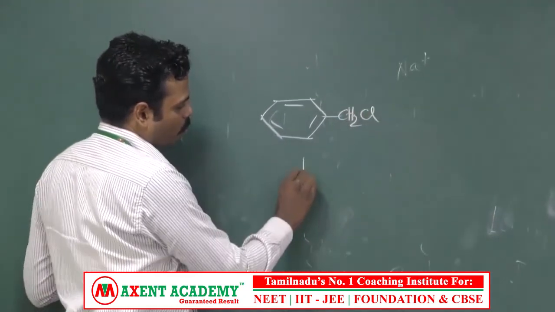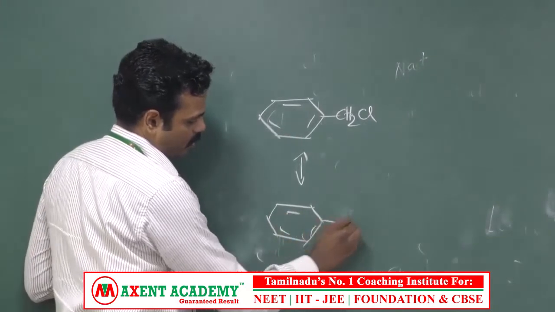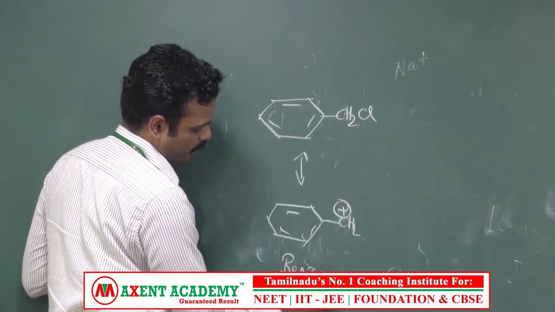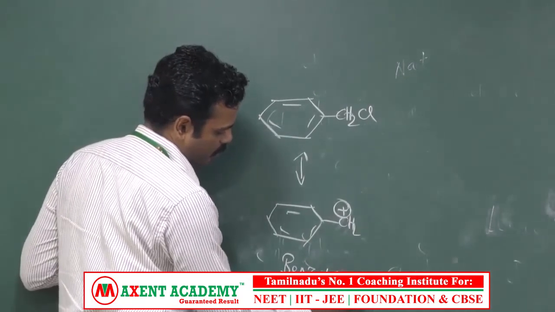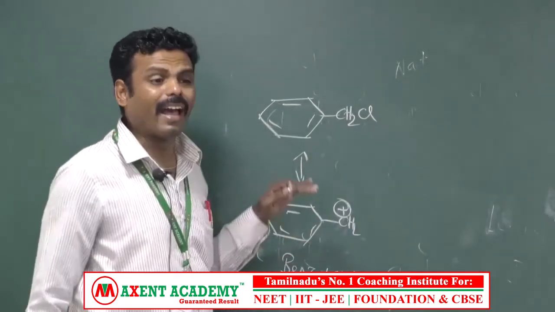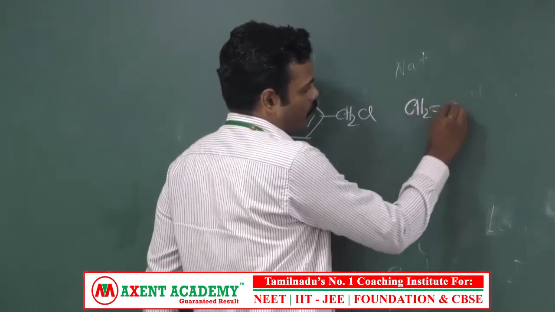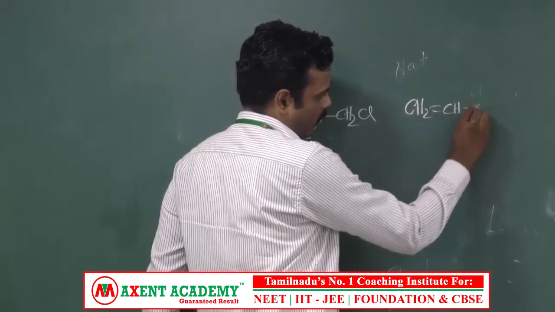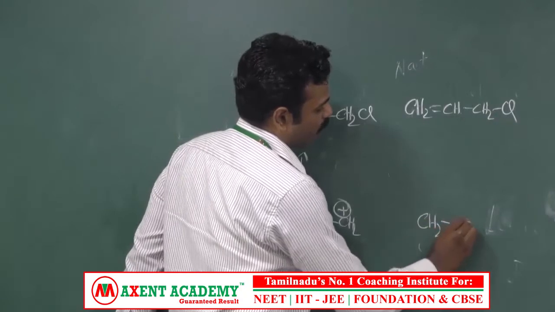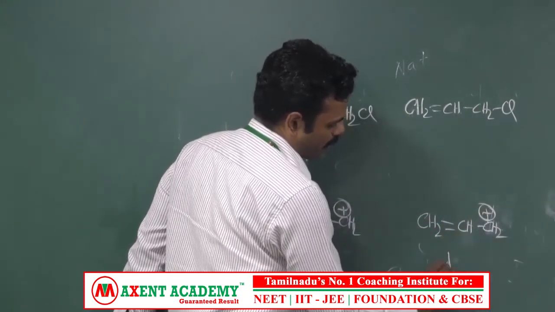By giving Cl2, it can form CH2 plus. This is benzyl carbocation. It is highly stable. Comparatively, allyl halide is forming allyl carbocation.